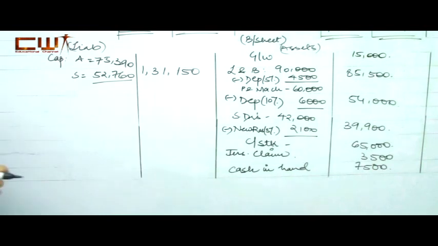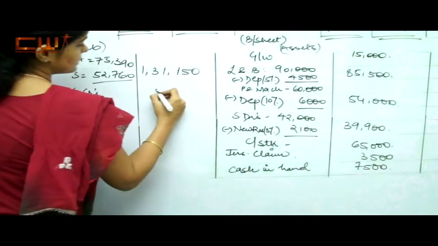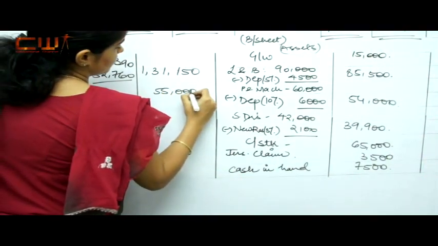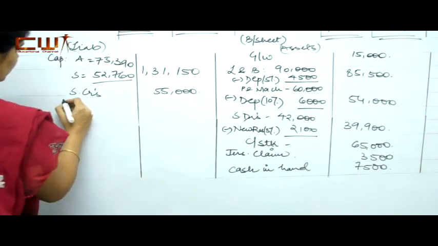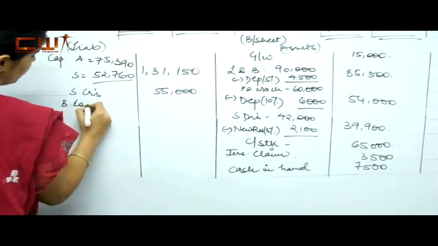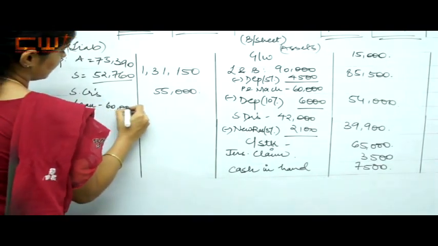Next you have the sundry creditors, right? How much are the creditors for? 55,000. Sundry creditors, 55,000. Okay. What next? You have bank loan, and you also calculated interest, right? Remember 15% for 3 months on 60,000. So you will write bank loan as how much? 60,000, right?